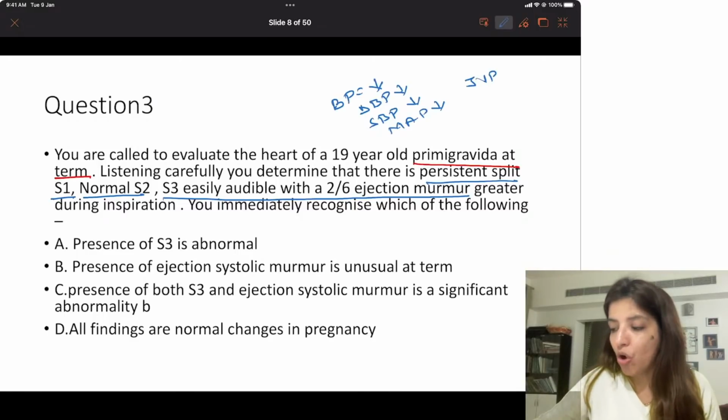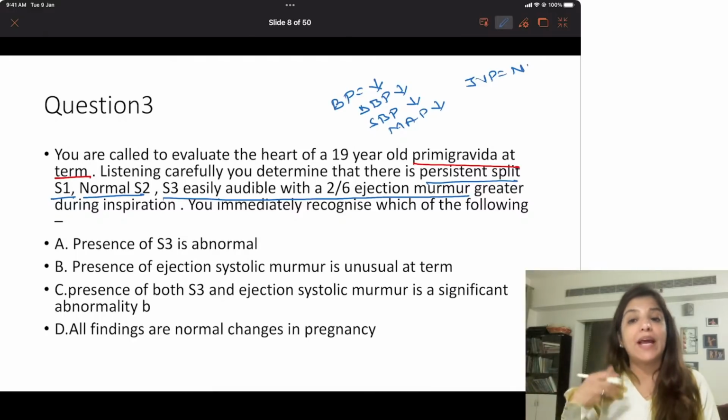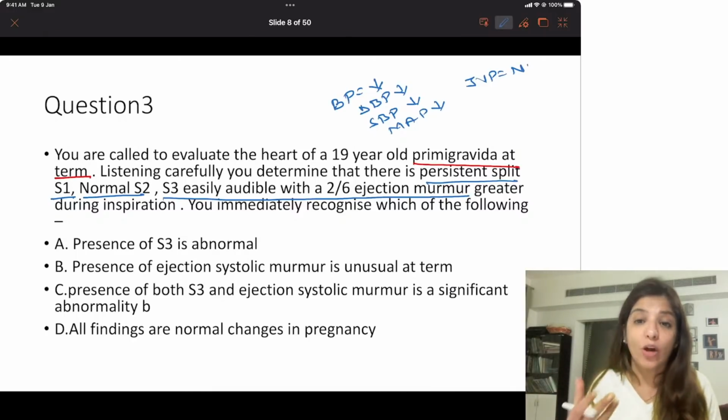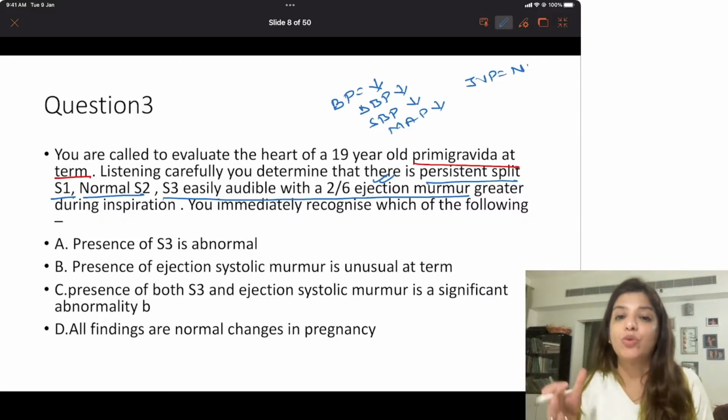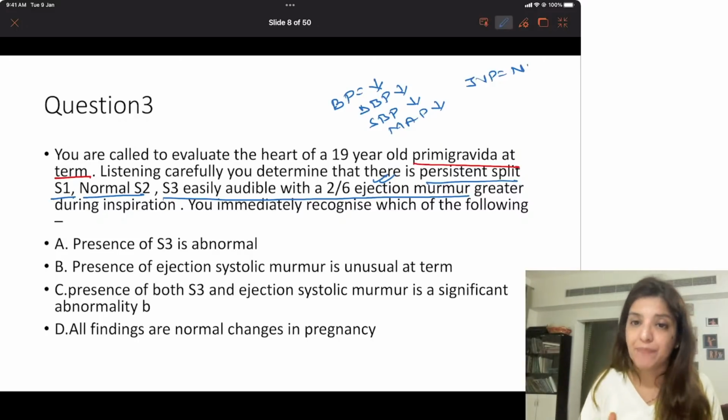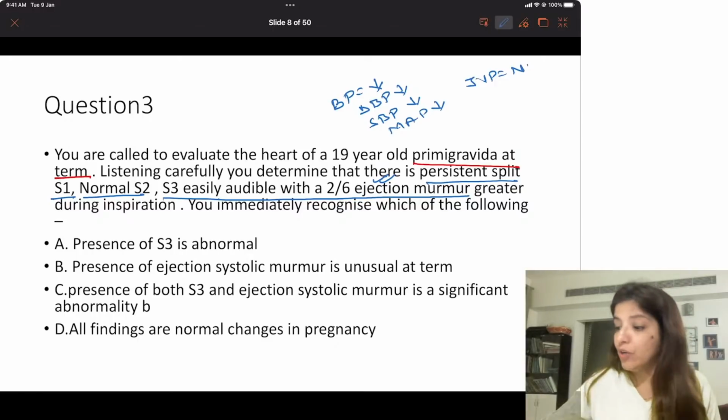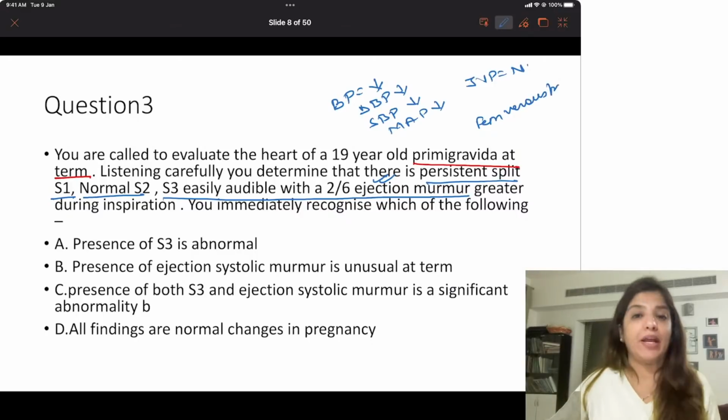JVP remains normal in pregnancy. S1 is loud, S2 is normal, and S3, which is not easily heard otherwise, is easily heard during pregnancy. Ejection systolic murmur less than grade 3/6 is absolutely normal during pregnancy, right? Now, femoral venous pressure. What happens to femoral venous pressure in pregnancy?